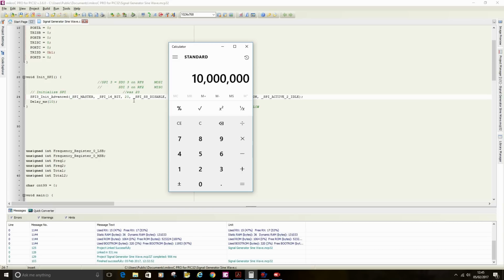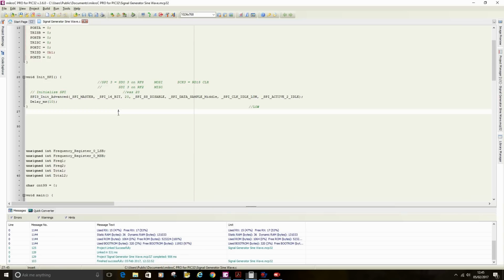Then divide that by 20 equals 500 kilohertz, or 500,000 hertz. So 500 kilohertz, that's what my SPI clock is running at. If I didn't divide the peripheral clock by 8, I'd actually have 4 million here, and this Analog Devices chip is actually capable of running with a clock speed of 4 megs. I think that's its upper limit.